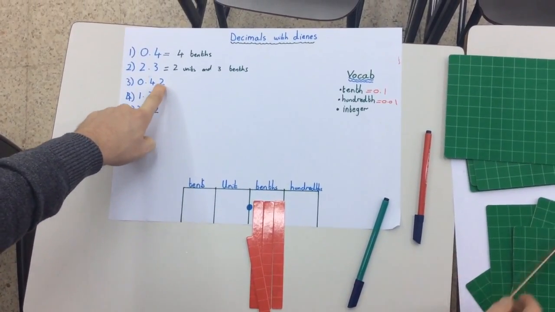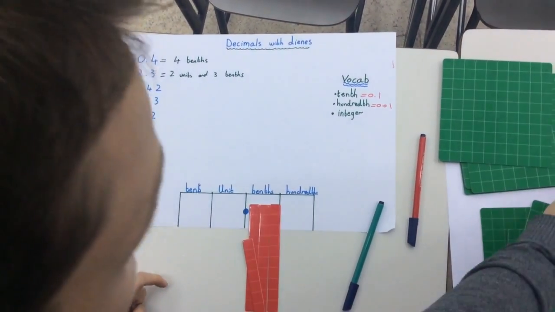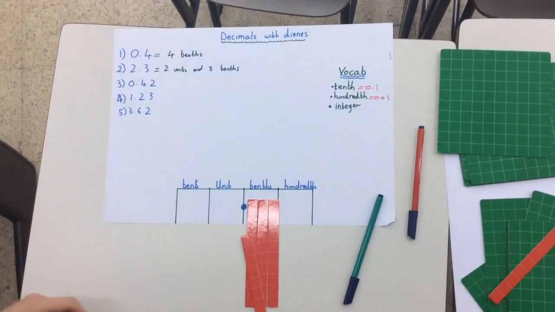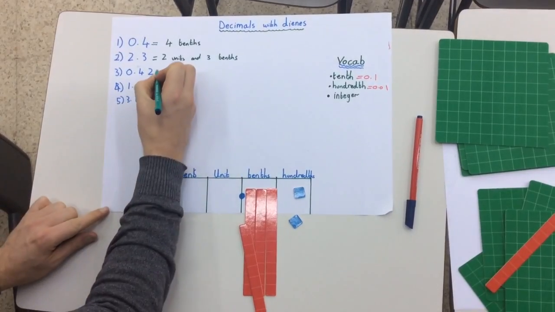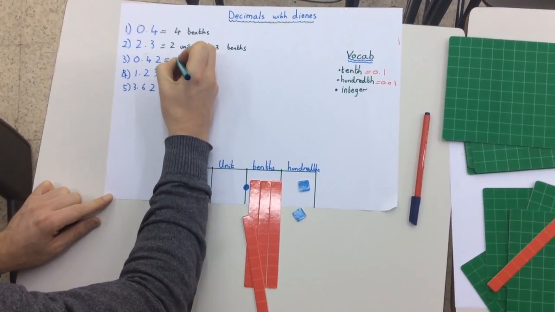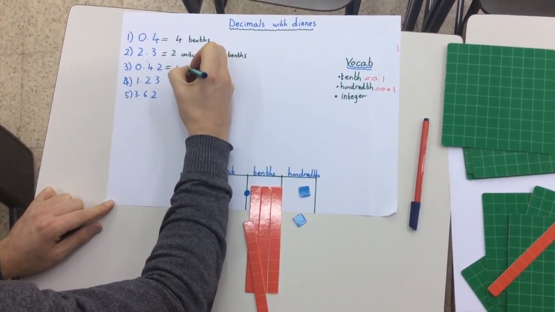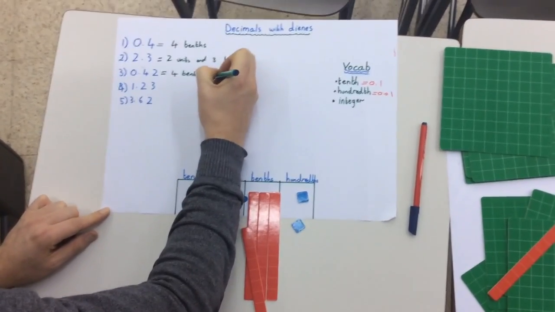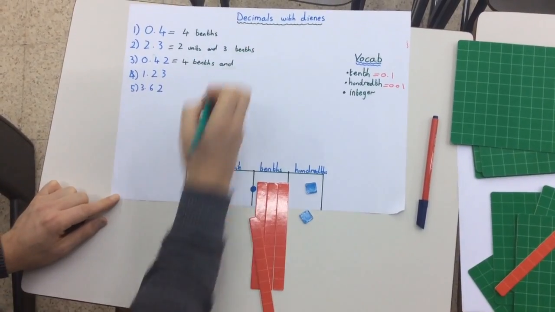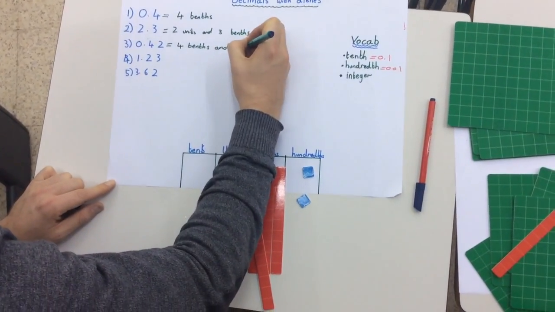But this time I've got some hundredths. I'm going to have 2 of these: 1, 2. So in this one, I have 4 tenths and 2 hundredths.